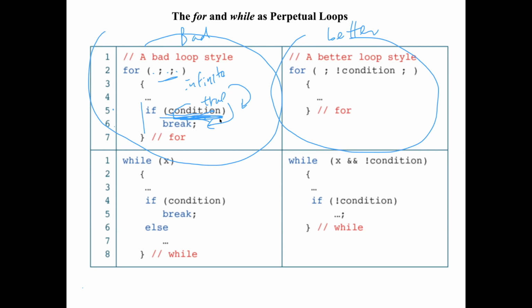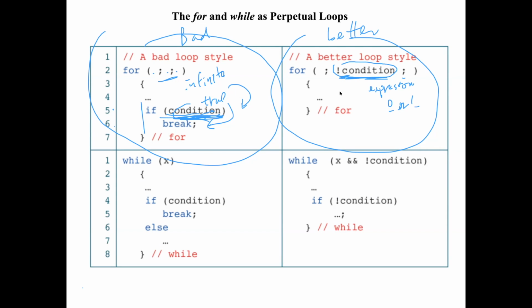That's not good. A better way of writing this is to put this limiting condition into the for loop itself. The condition is an expression that evaluates to either true or false. It's a singular unary expression that gives you either one or zero. So you might as well lift this up into the conditional part of your for loop, and that will check for you.